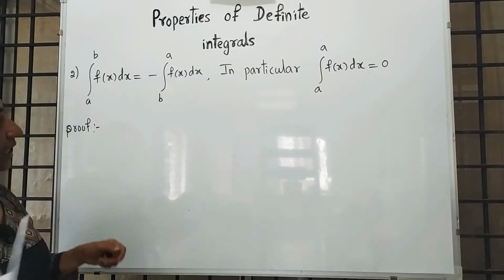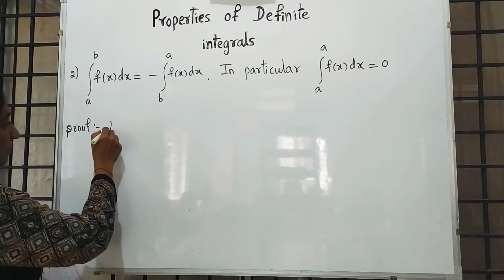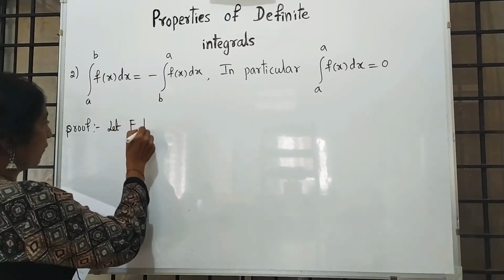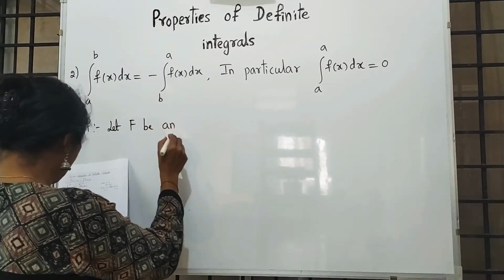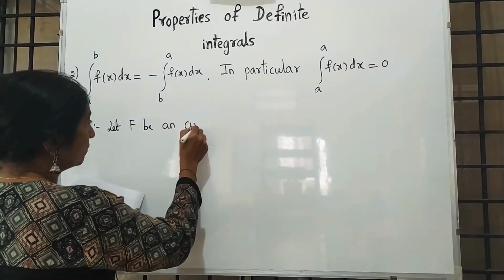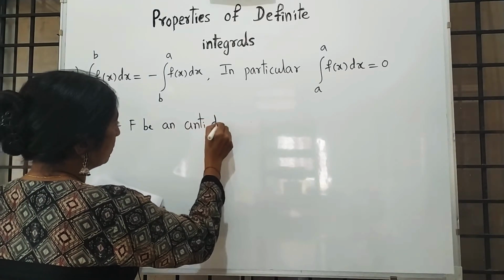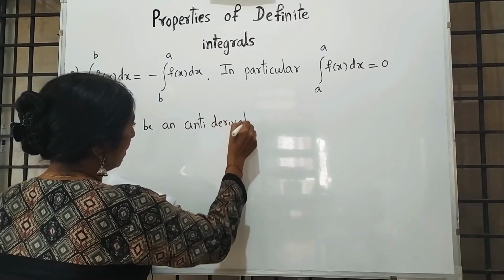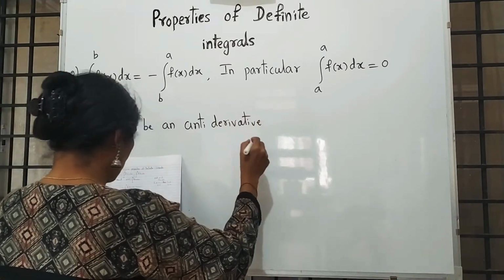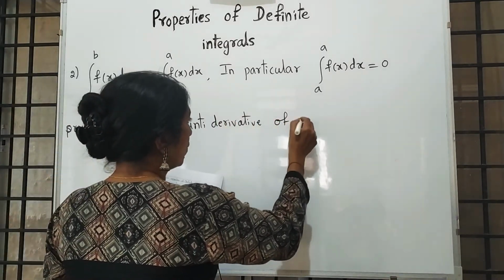Write down, let capital F be an antiderivative of f.